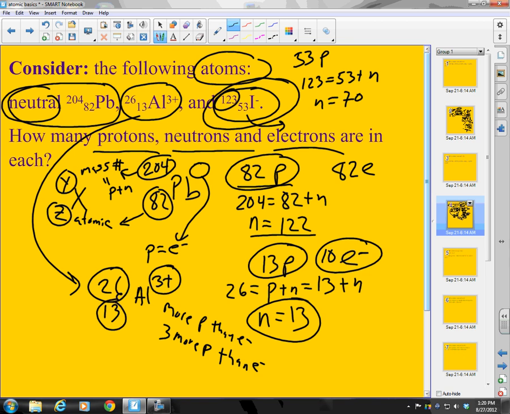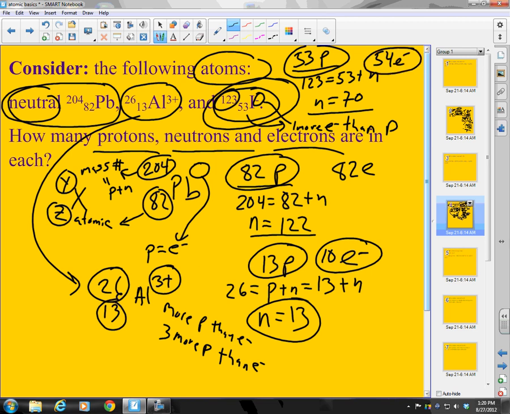Is that right? 123 minus 53, yeah, 70. Good. And I have a minus 1. The minus means what? I have more negatives than positives. That means I have 1 more electron than protons. Well, if I have 53 protons, how many electrons must I have? I must have 54 electrons.